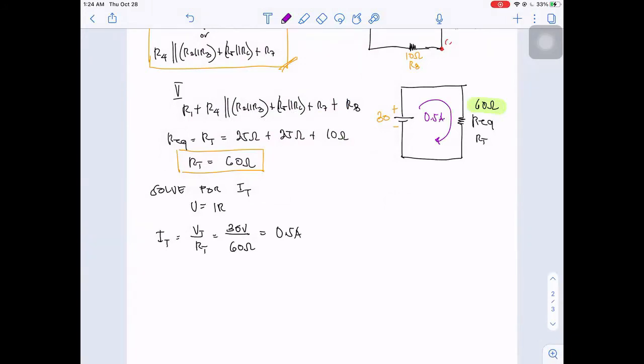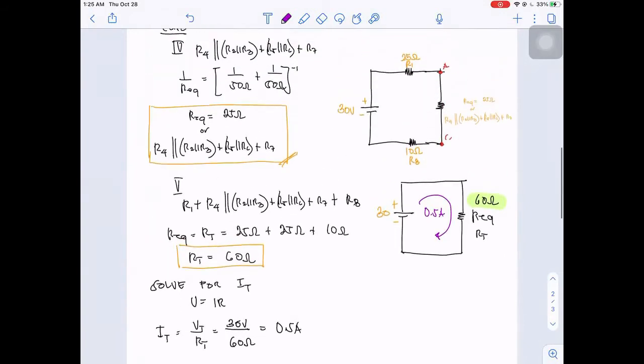Now, from this, we can also say that 0.5 ampere is the same current that is flowing in R1, the equivalent resistance for the parallel R4, parallel R2, R3 plus parallel R5, R6 plus R7, and also for R8. So the current flowing in the entire circuit is equivalent to the current flowing on R1, R8, and this 25 ohms resistance.